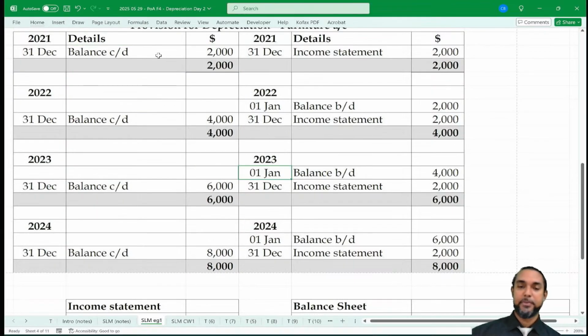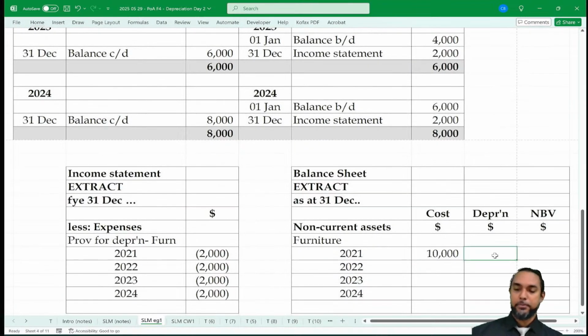So at the end of the first year, we had how much in depreciation? 2,000, right? So the first year, you're gonna have 2,000 here. Now you don't have to show it in brackets. You don't have to put a minus sign. I put that for me as a visual cue to remember, hey, I'm subtracting. You don't have to. If you want to, you can, right? And you subtract. Right? So 10,000 minus 2,000 is 8,000.